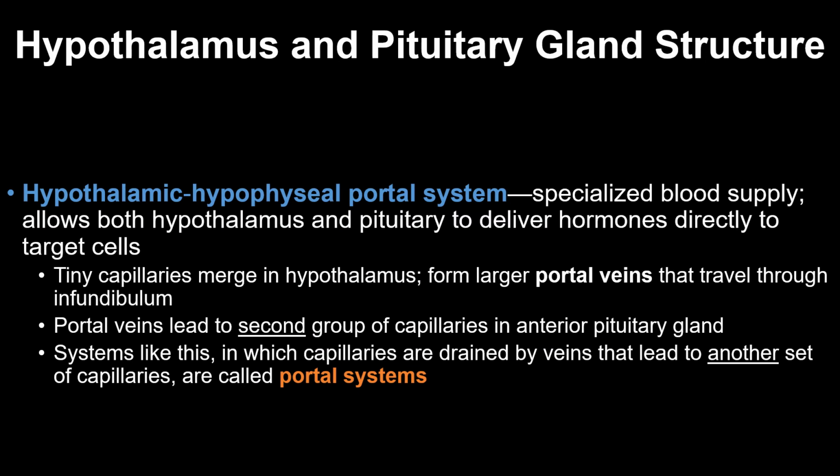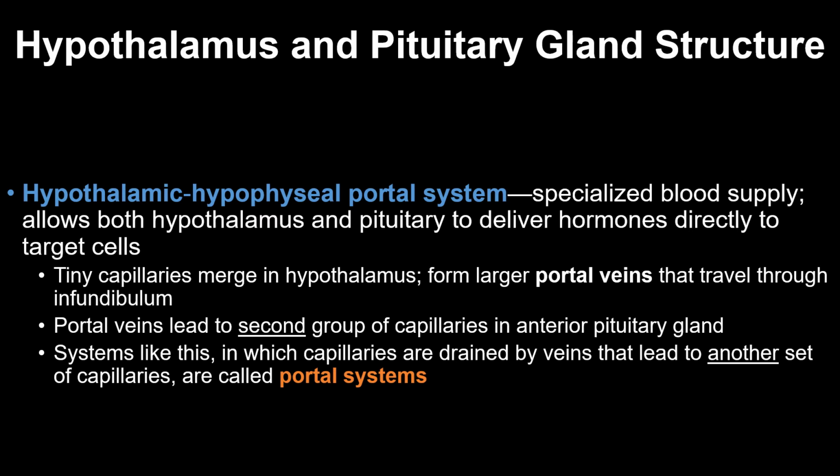Now, the hypothalamus and the pituitary gland have a specialized blood supply that allows them to deliver their hormones. Capillaries converge in the hypothalamus to form larger blood vessels called the portal veins. And these portal veins travel through the infundibulum. And these veins lead to a second group of capillaries in the anterior pituitary gland.